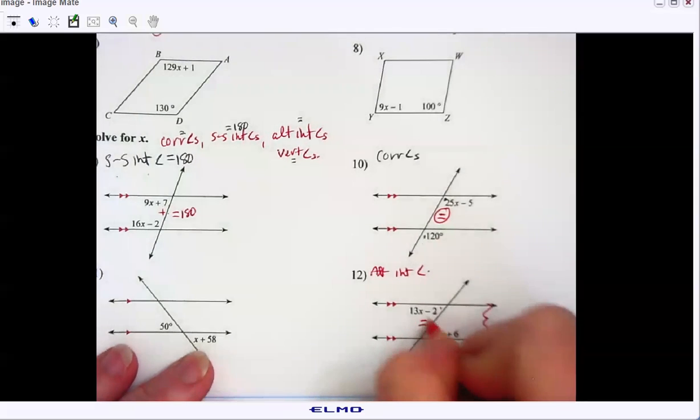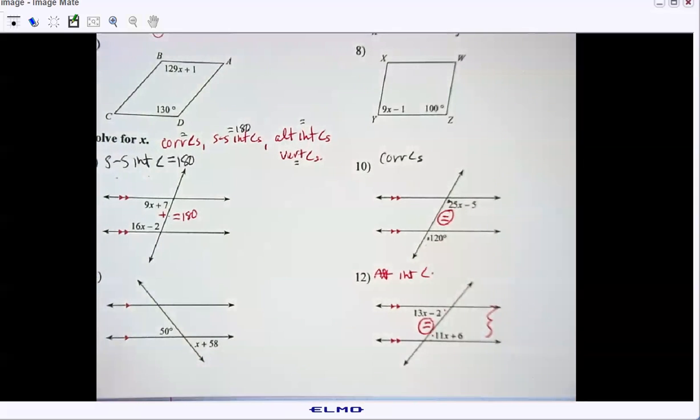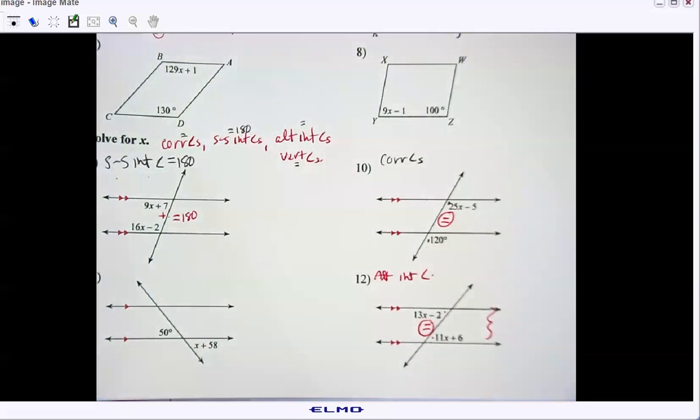That means they are equal to each other. And the two that make an X are called what? There's only one left. What's it called?